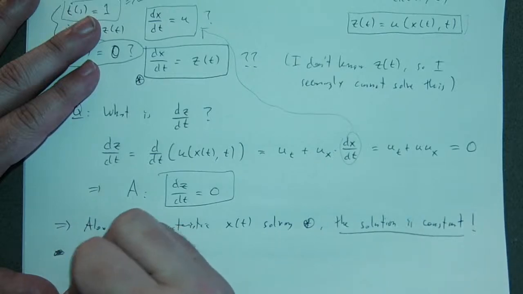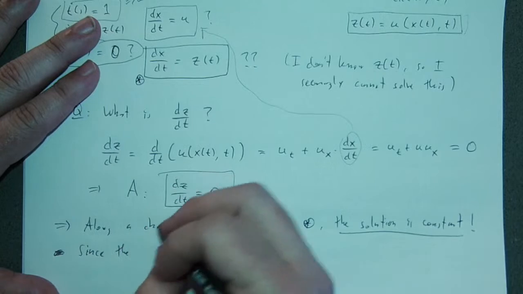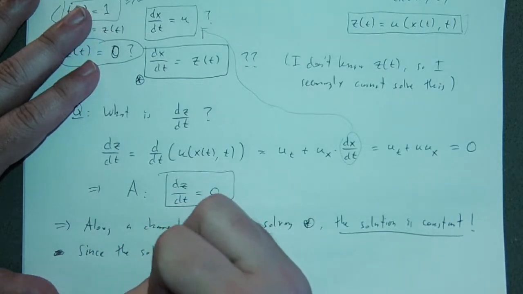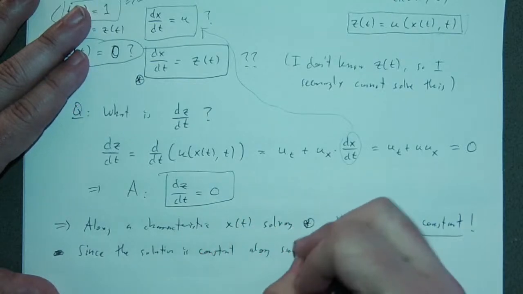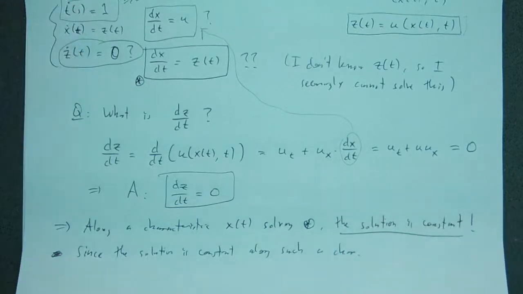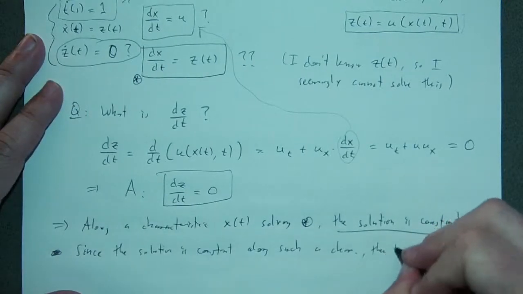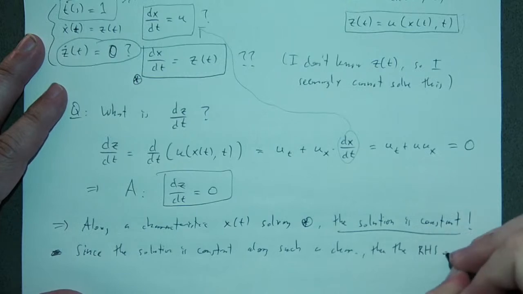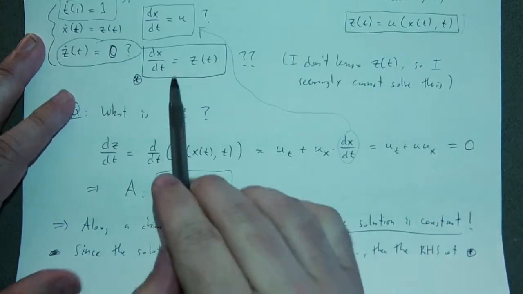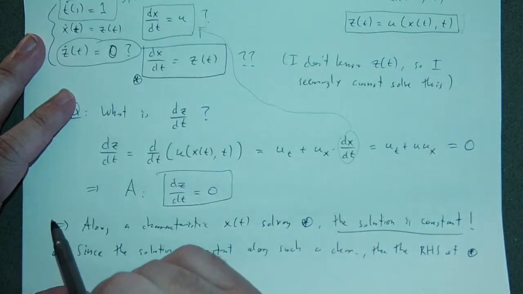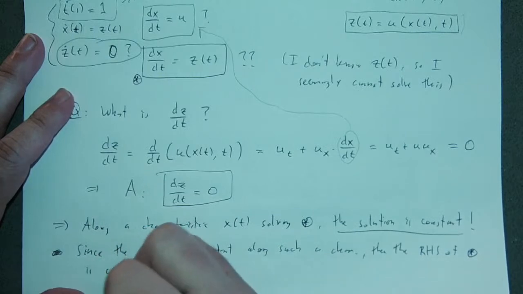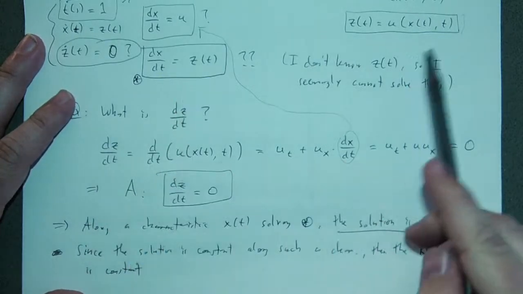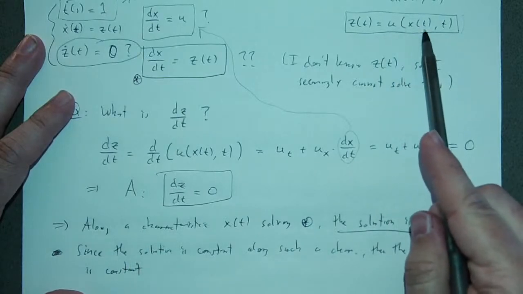Since the solution is constant along such a characteristic, then the right-hand side of the PDE asterisk here has to be constant, because this right-hand side is just the value of the solution along the characteristic.